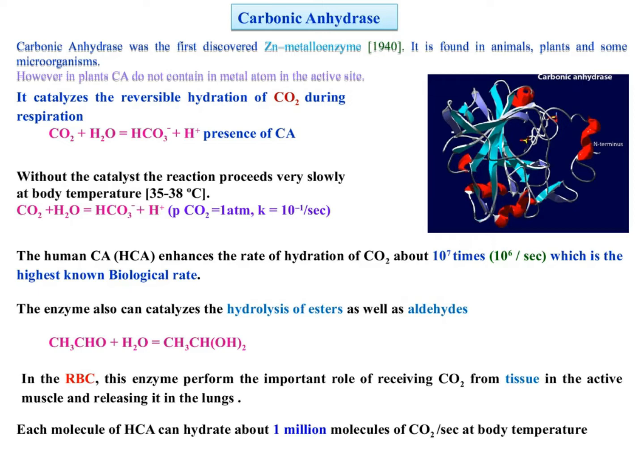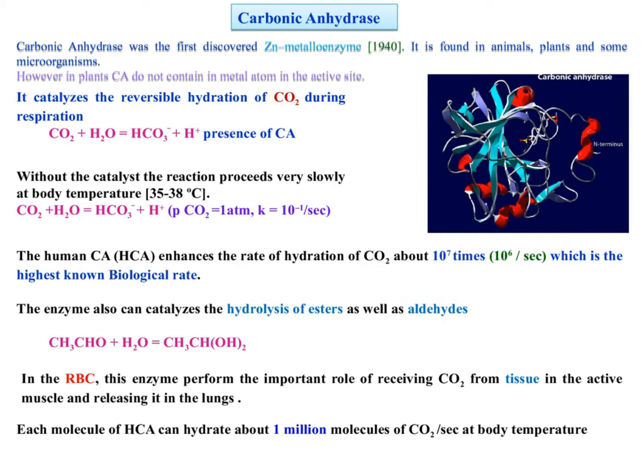The rate constant will be 10 to the power minus 1 per second at 1 atmosphere partial pressure of carbon dioxide. But in the presence of human carbonic anhydrase, that means HCA, the same reaction rate is enhanced about 10 to the power 7 times. That means 10 to the power 6 per second will be the rate constant in the presence of the catalyst, which is the highest known biological rate till now.